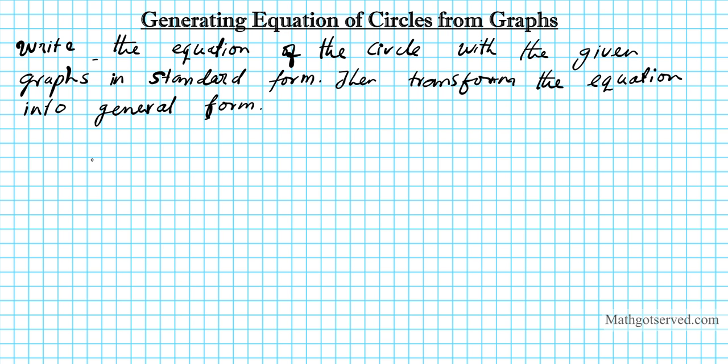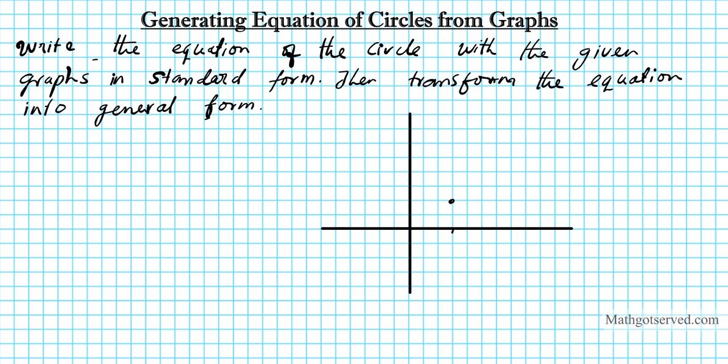Now let's say we have a circle with the following graph. Let's draw the y-axis and the x-axis, and then go 3 units to the right: 1, 2, 3, and 2 units up: 1, 2.